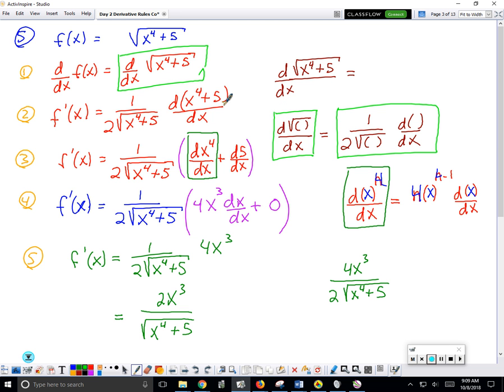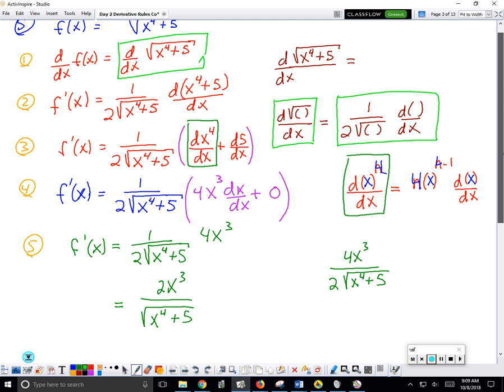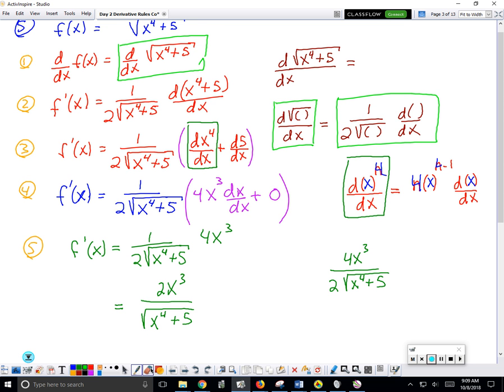I don't. Okay, so the addition rule says this. Let me get some space here, hold on. So the addition rule states that if you have d over dx, which means derivative, of one expression plus another, okay?